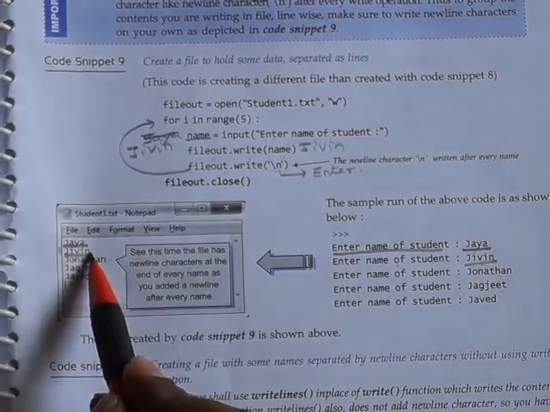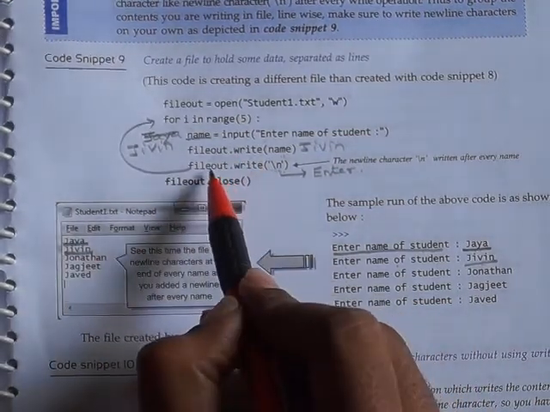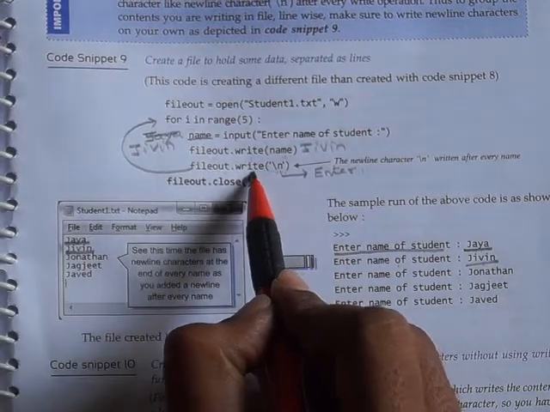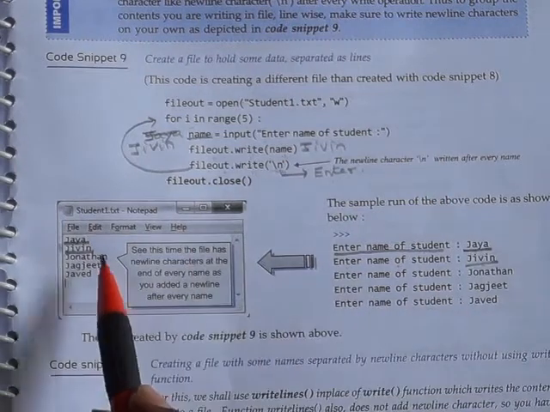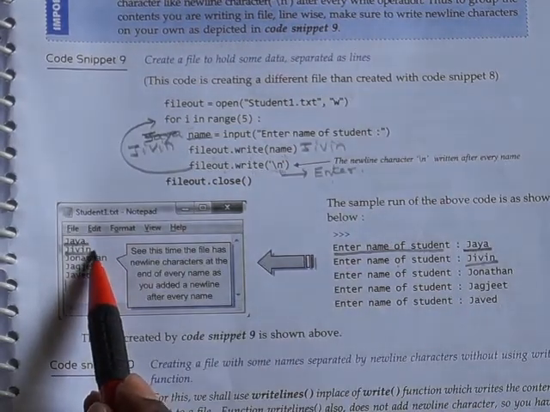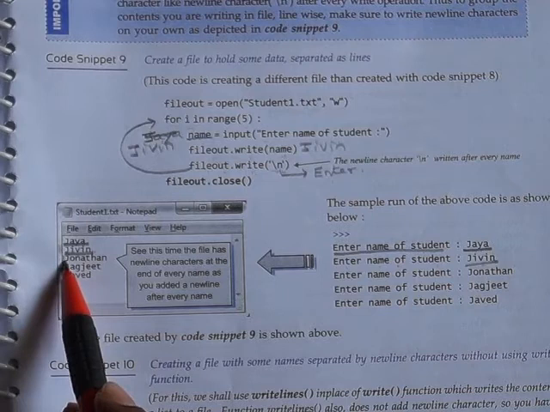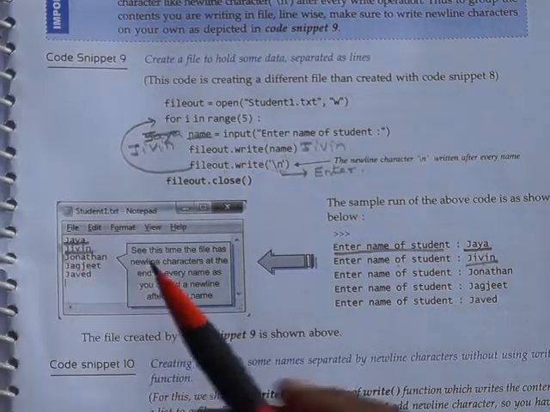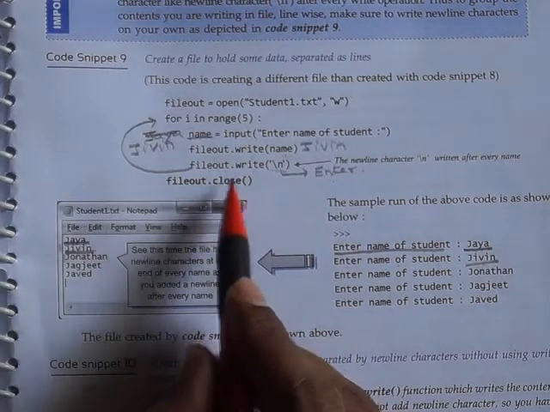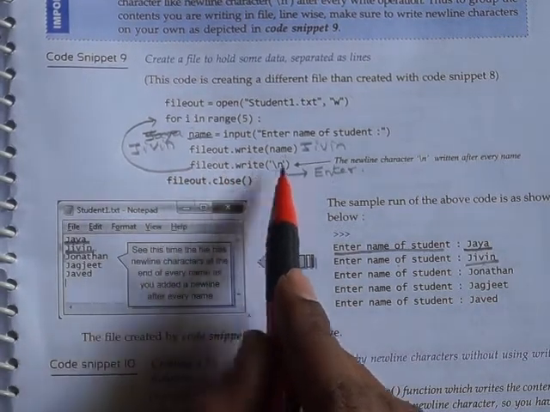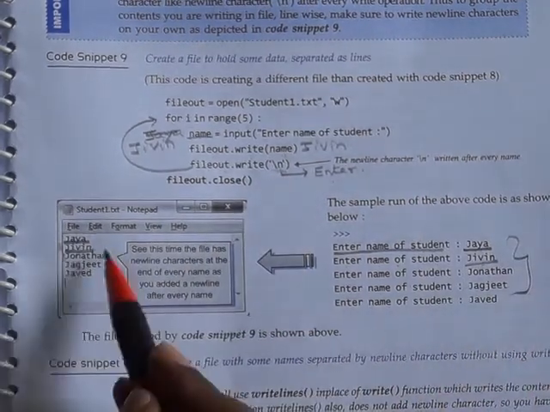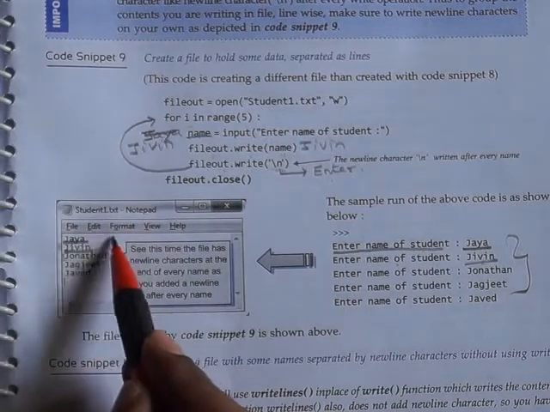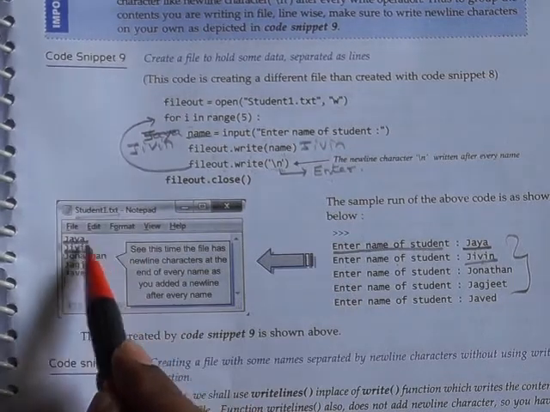Once this Jivin was printed, in the student1.text you are going to write enter. \n means what? I told you, enter, such that the file pointer will be coming to the next line after the Jivin. Understand? So what I want to convey is, if you use fileout.write \n, all these names will be written in the student1.text in the next line.